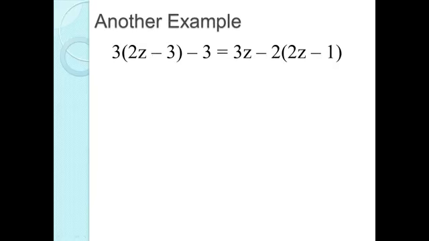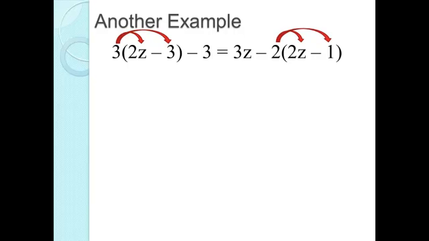Let's look at another example. In this problem, again, we want to distribute first and then rewrite our problem. On the left-hand side, we will want to distribute the 3. On the right-hand side, we will want to distribute the negative 2.